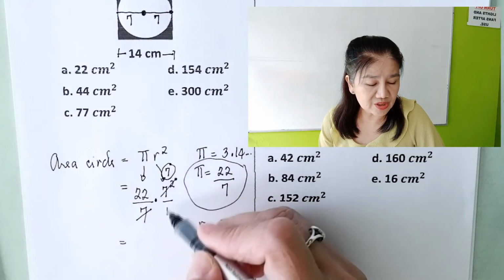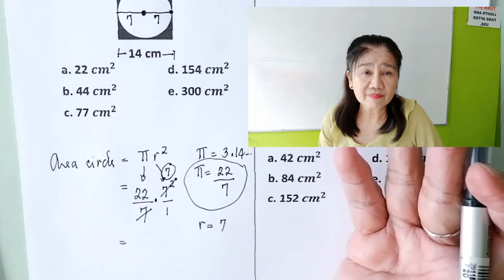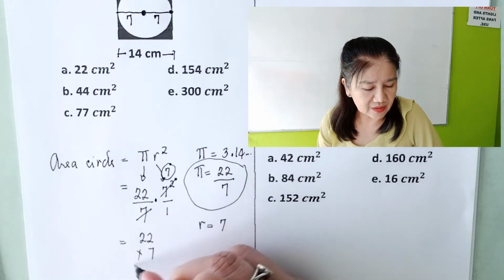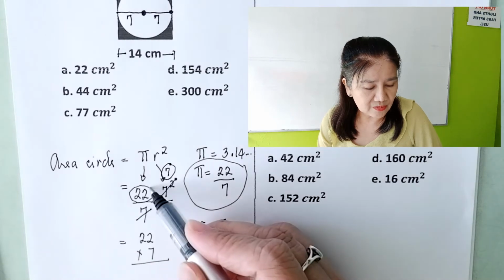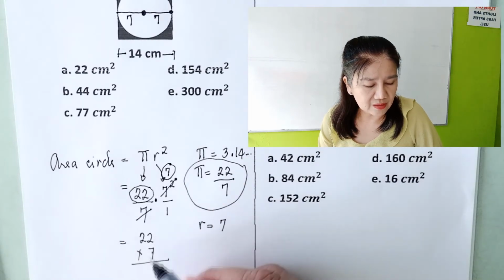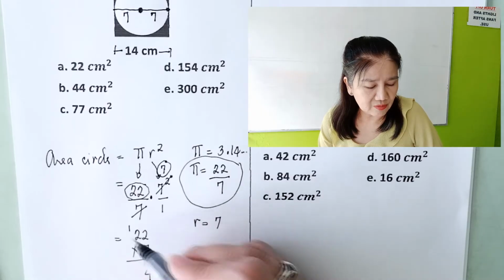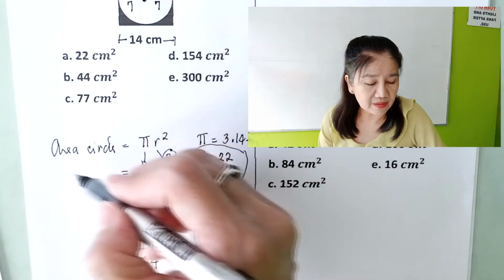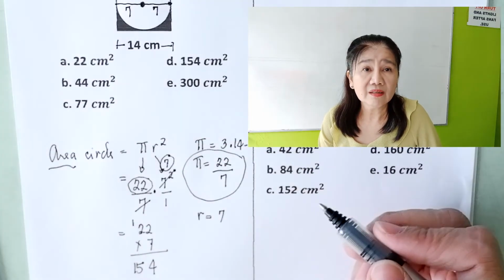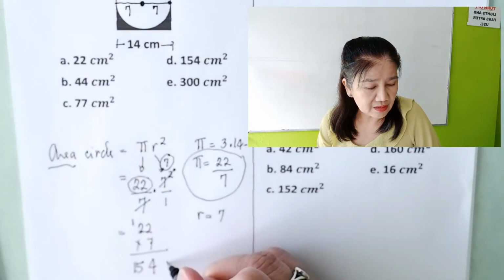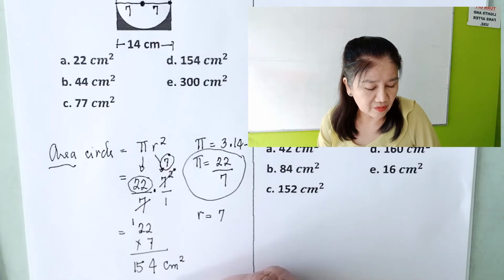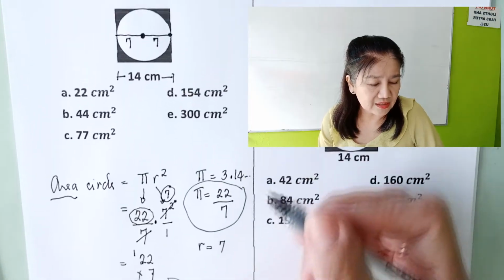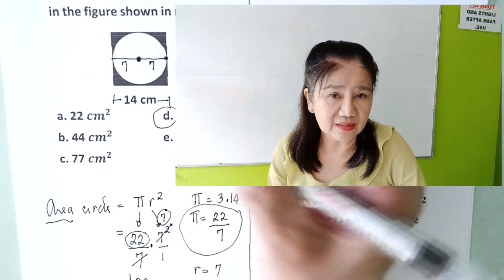Is there anything which is still cancelable? No more. So we can now multiply 22 times 7 here, no? 22 times 7. 7 times 2 is 14. Carry 1. 7 times 2 is 14 plus 1 is 154. But this is area. Units for area will be centimeter square or square centimeters. So the final answer should be letter D.